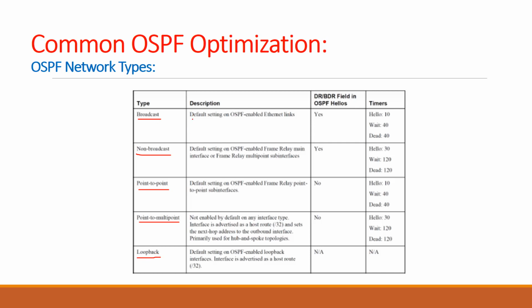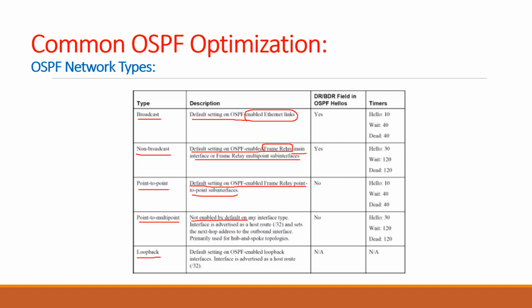Broadcast is the default setting on OSPF enabled Ethernet links. Non-broadcast is the default setting on OSPF enabled frame relay main interfaces or frame relay multipoint sub-interfaces. Point-to-point is the default setting on OSPF enabled frame relay point-to-point sub-interfaces.